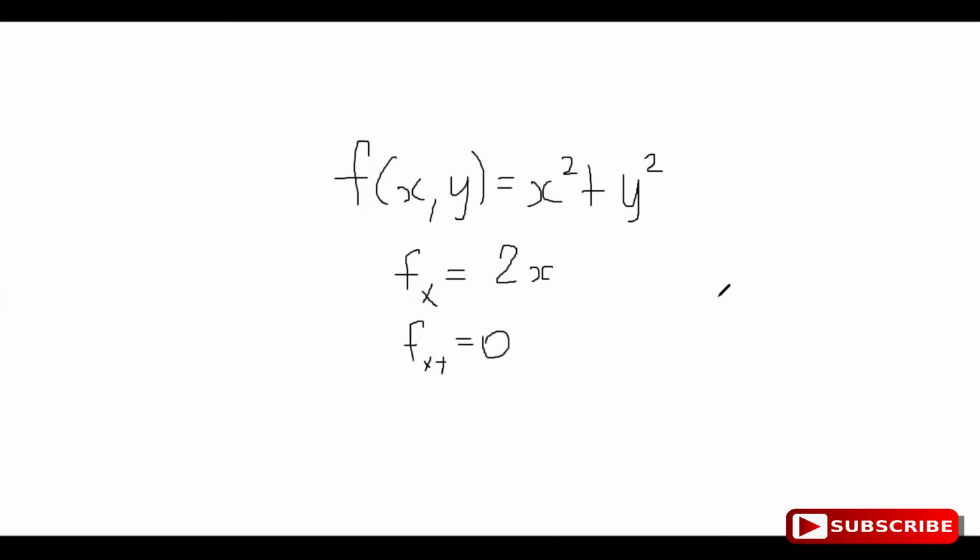Now let's check: if you differentiate with respect to y first, you get 2y, and then with respect to x next, fyx, you get 0. So this is telling you that x squared plus y squared is continuous when the second derivatives are equal. No matter the order, it is continuous.